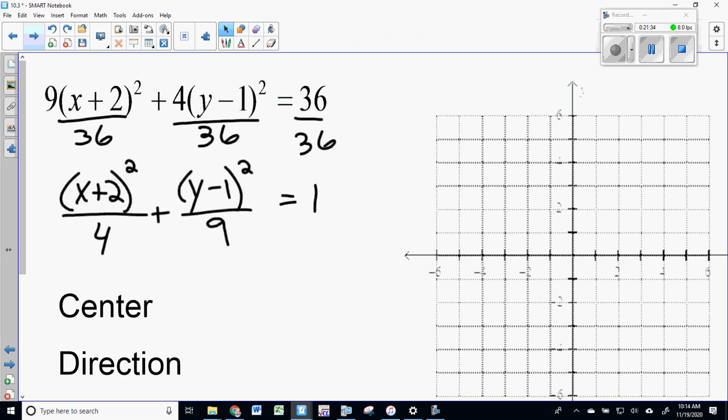I want you to do that one. Graph it, find the center, find the vertex, find the focus. I don't usually write down the direction that much, but that's helpful here. See if you can figure this one out using your formulas.